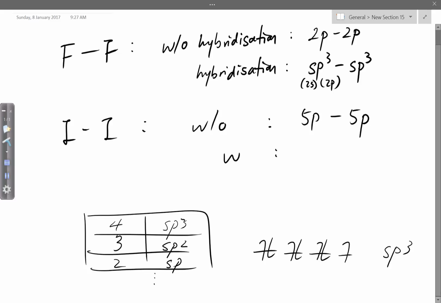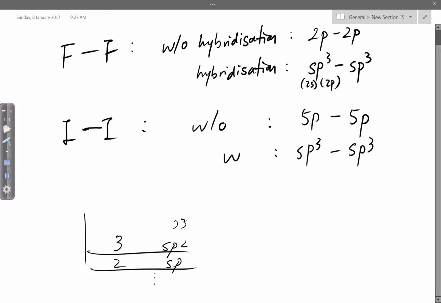Will the hybridization state change? Will it become another hybridization state for this iodine? No, it's still sp3. The hybridization state doesn't change.